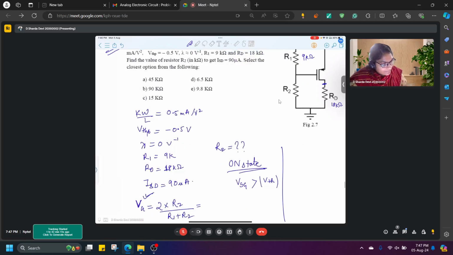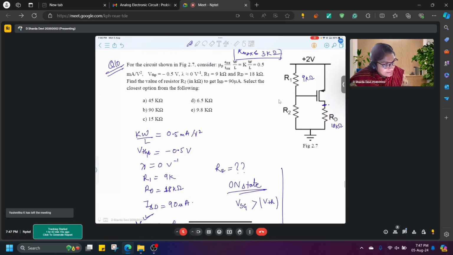And we know RD and ISD, right? So what is VD? VD will be ISD into RD. So that is 90 microamps into 18 kilo ohms.